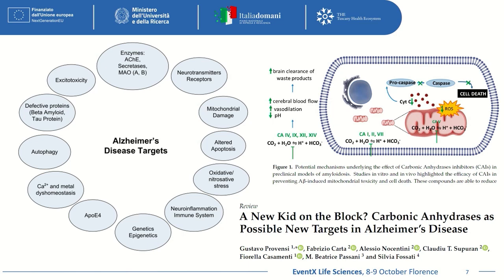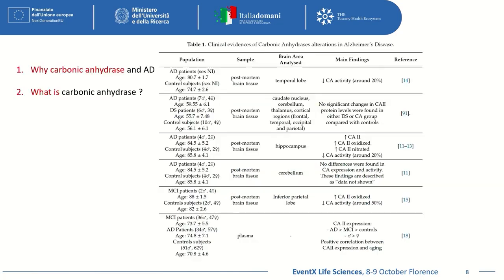A few years ago, in collaboration with colleagues from my department and an Italian-American scientist, originally from Florence but active at Temple University in the USA, we proposed carbonic anhydrases as drug targets for Alzheimer's, and I will show you why we made this proposal. There are clinical data which show that carbonic anhydrase is downregulated in the brain of many patients.